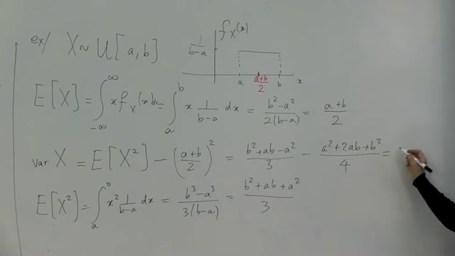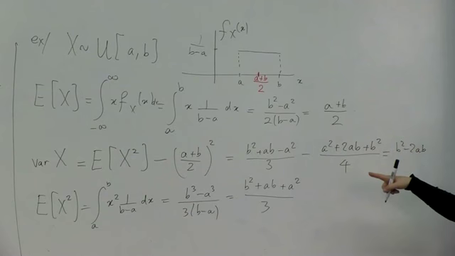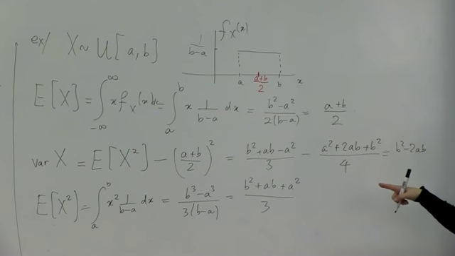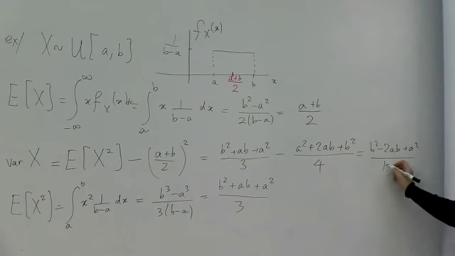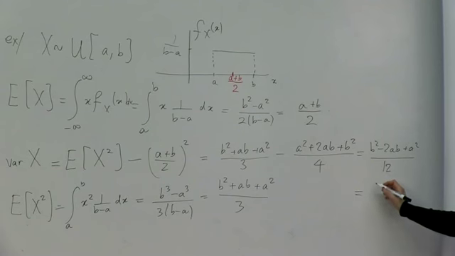We get b squared, plus 4ab minus 6ab, which is minus 2ab, plus 4a squared minus 3a squared, so a squared, over 12, which is what? (b minus a) squared over 12.